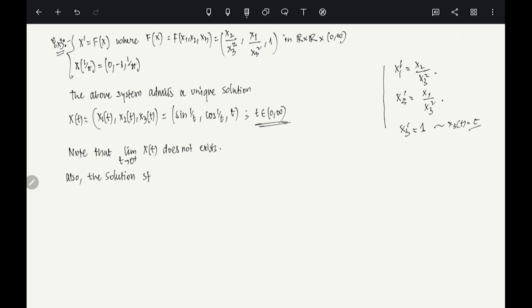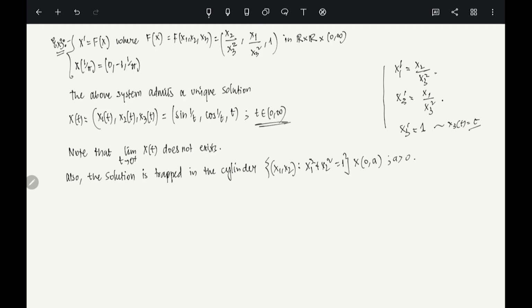is trapped in this cylinder. What is this? It is the set of x1, x2 such that x1 square plus x2 square equals 1, cross 0 to some a positive.